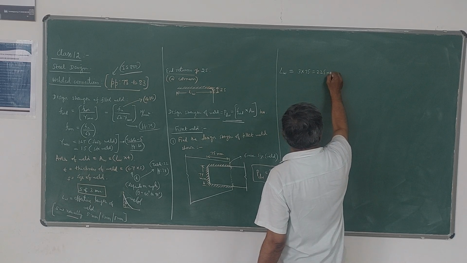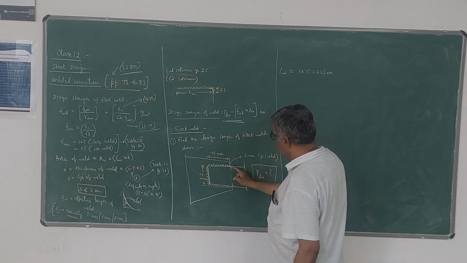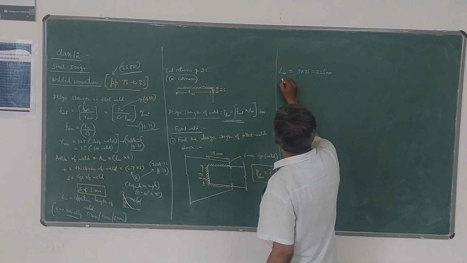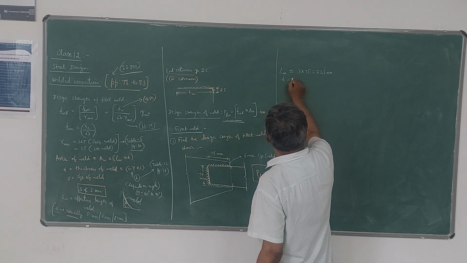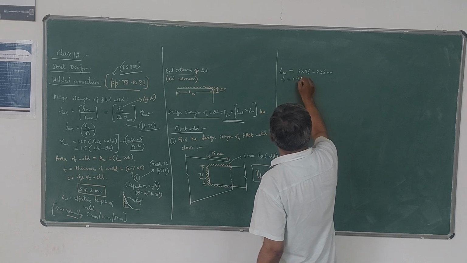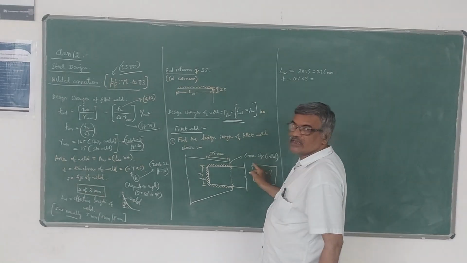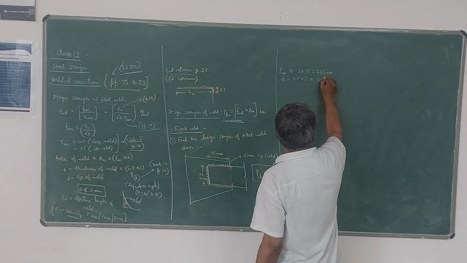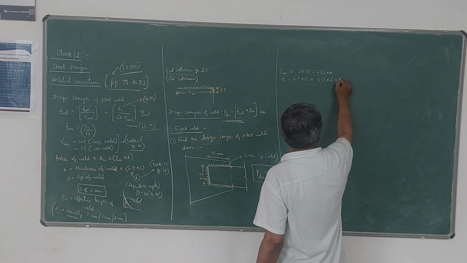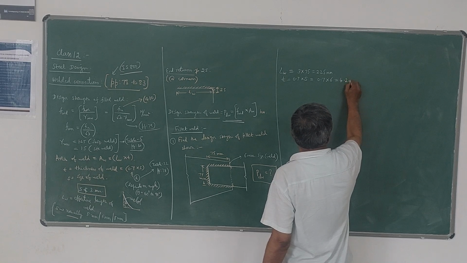You need not take this generator. Next, thickness of the weld is given by 0.7 times S, where S is the size of the weld. Here size of the weld is 6 mm, so 0.7 times 6 is 4.2 mm.